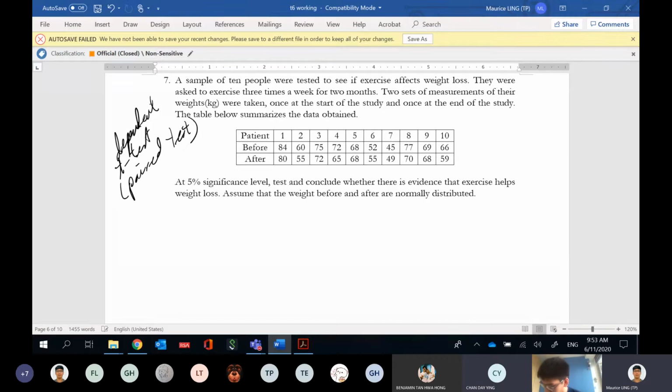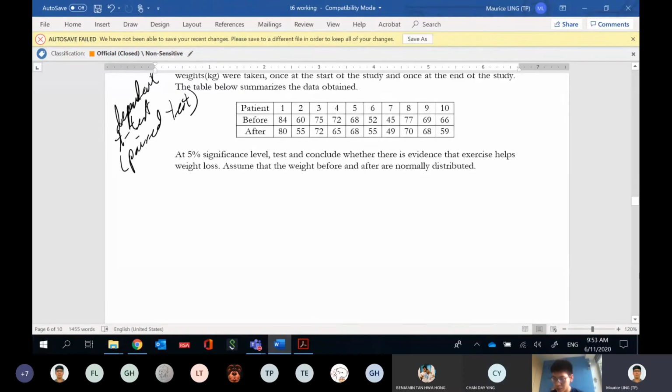Okay. Then in this case, what is your hypothesis? Mean d equals 0. Okay, mu d equals 0. So what on earth is d? You let d be the weight after minus the weight before. After minus before.